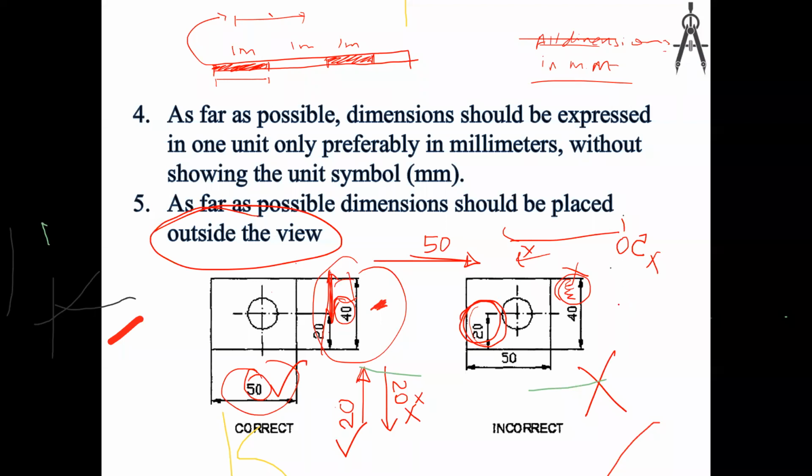Okay, so you shouldn't write the unit symbol, because you have already written it there, so you don't want to write it. If you start to write mm and km and everything, then that will mess up, and your drawing will not be beautiful.